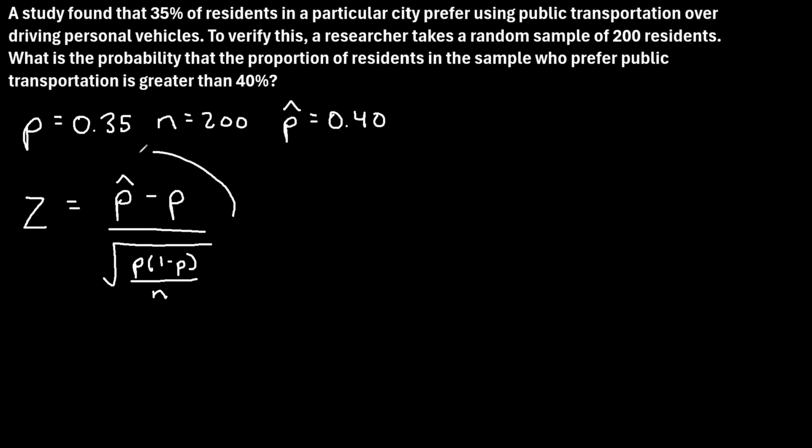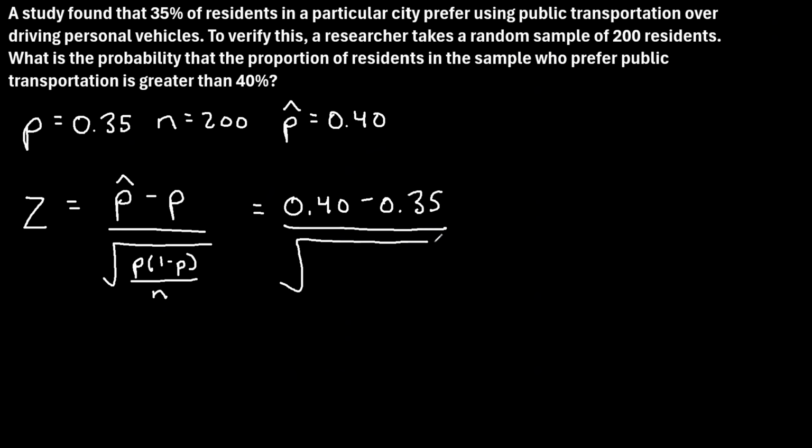Now let's fill in all the values that we know in this formula. We get the sample proportion, 40%, so 0.40, minus the population proportion, 0.35, divided by the square root of 0.35 times 1 minus 0.35, divided by n, our sample size, which is 200.